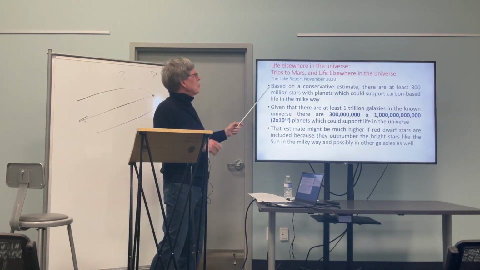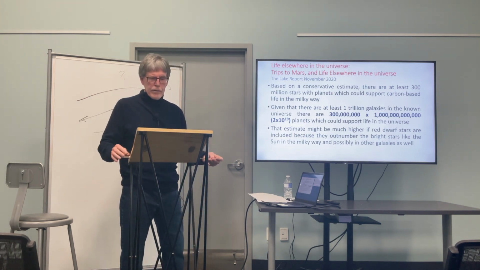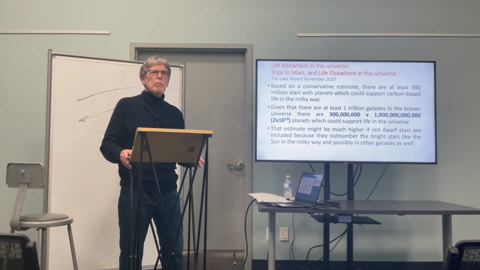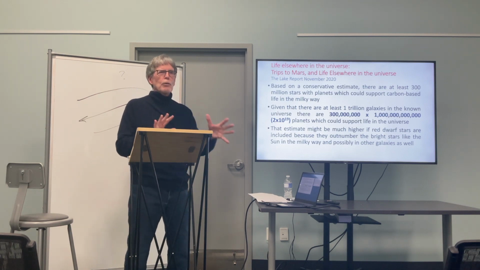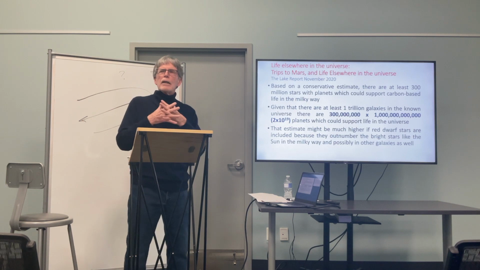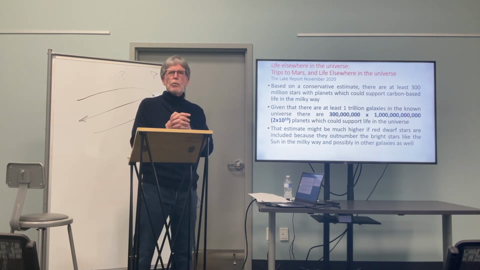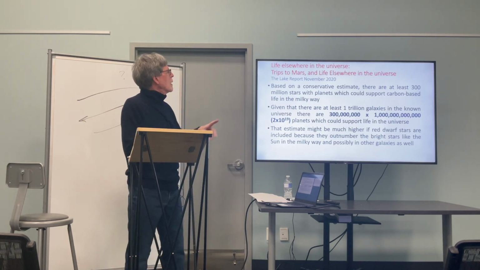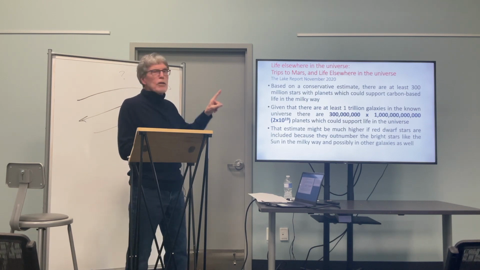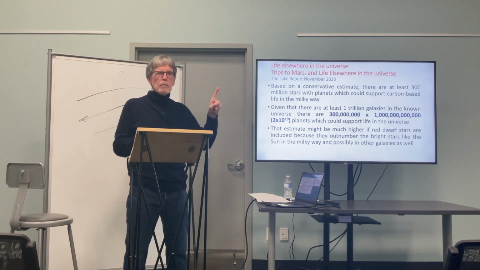The study was completed by several groups in Europe and the United States working together, and some others, and they had very conservative criteria for a possibly habitable planet, meaning in that Goldilocks zone of temperature, a rocky planet in the right place for liquid water. 300 million in the Milky Way alone.